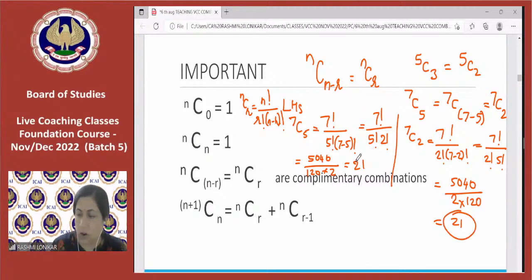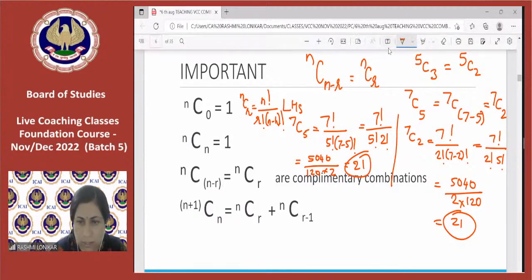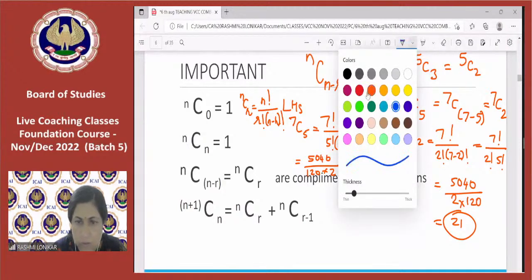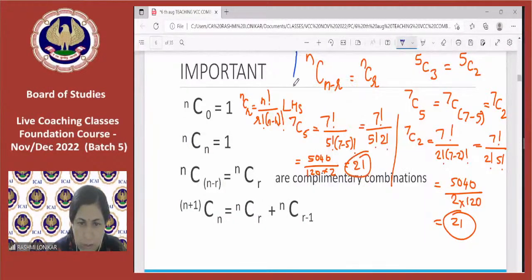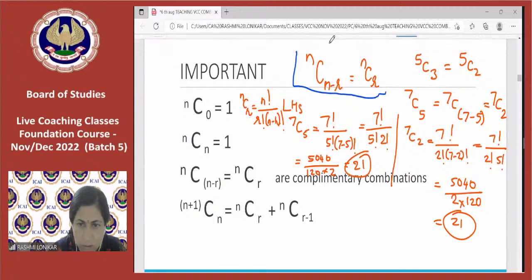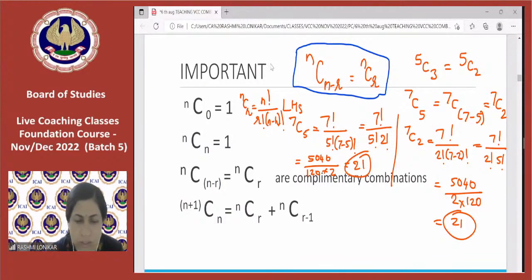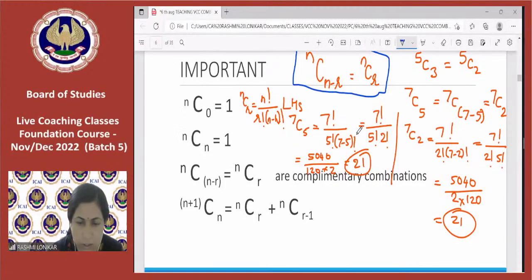Here also we got 21. So from this you know that NCR is equal to NC(N minus R). Understood? So this is a very important formula.